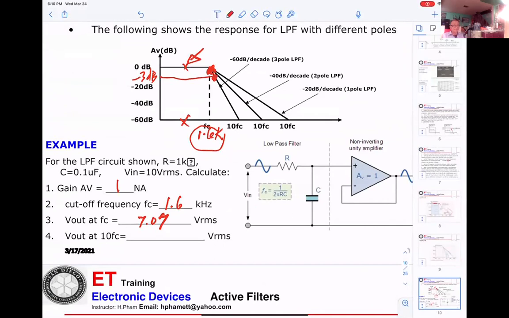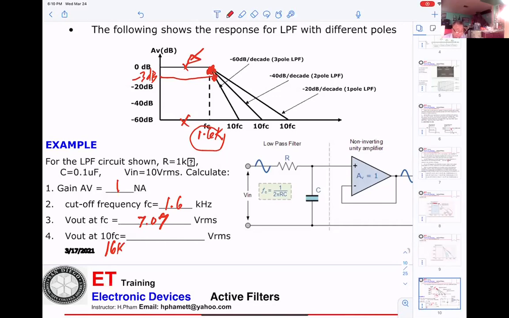Is it right? Right, go ahead. Now they say at 10 times up, FC will be 16K. Right? So they are going down at 10 times FC.